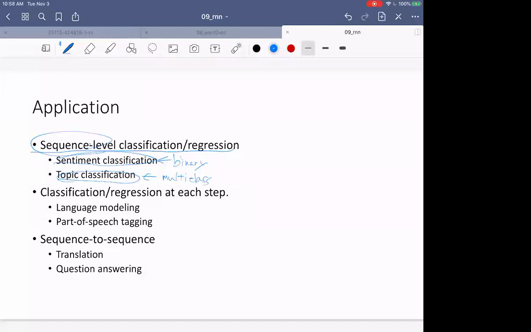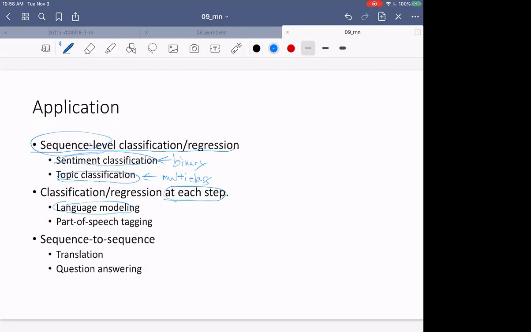Another application is classification or regression at each time step. This is different from the previous one, because you make predictions at each time step. Given X1, you make a prediction for Y1. At time 2, you make a prediction for Y2, and then Y3, Y4, Y5. Language modeling is like that. It tries to predict the next most likely word given all the words so far.